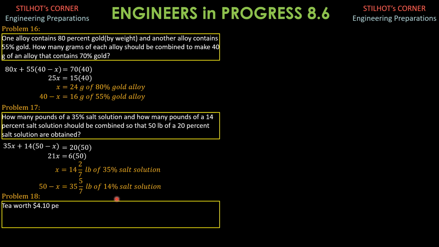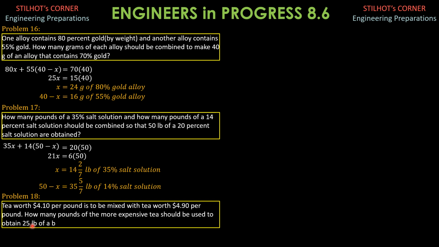Problem 18. Tea worth $4.10 per pound is to be mixed with tea worth $4.90 per pound. How many pounds of the more expensive tea should be used to obtain 25 pounds of a blend worth $4.40 per pound? So 4.9 times x, because this is the more expensive tea, then plus 4.1 times quantity 25 minus x.